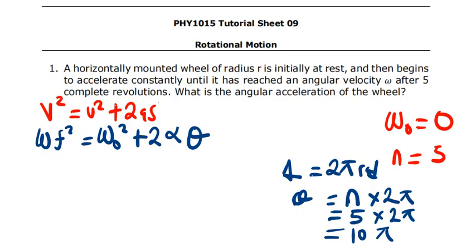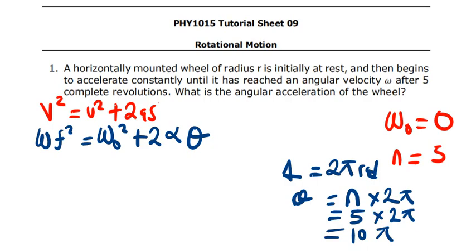Okay, now that we have that, is there anything that we can replace? We just now have to solve for our acceleration, in this case our angular acceleration. So if we're going to make our acceleration the subject of the formula, what are we going to do?